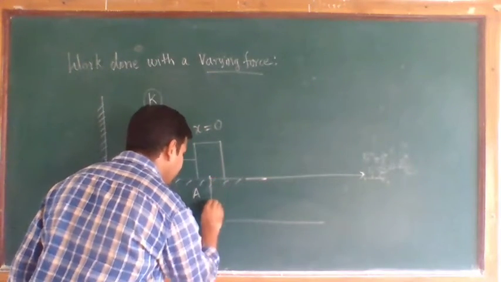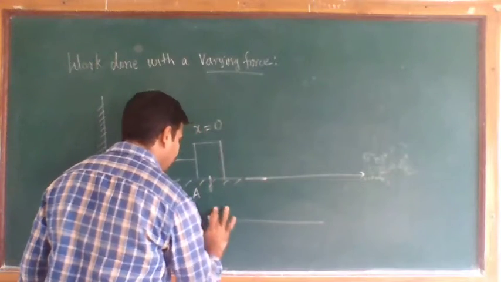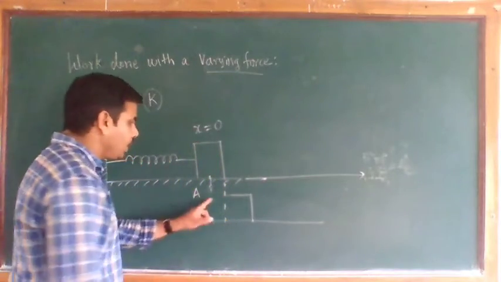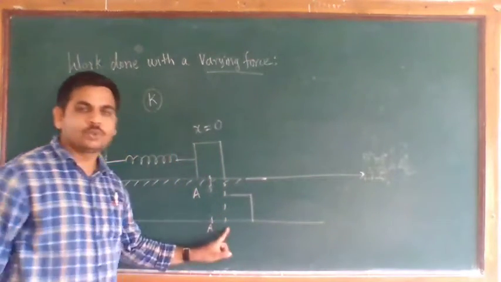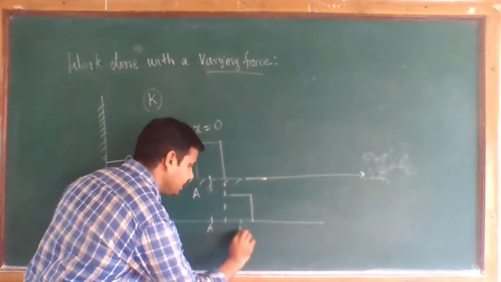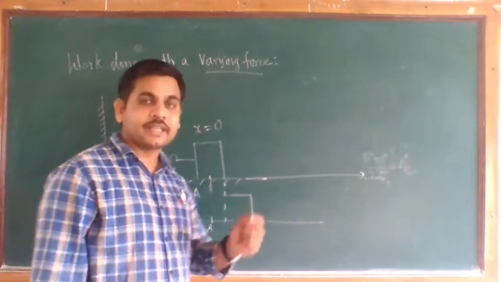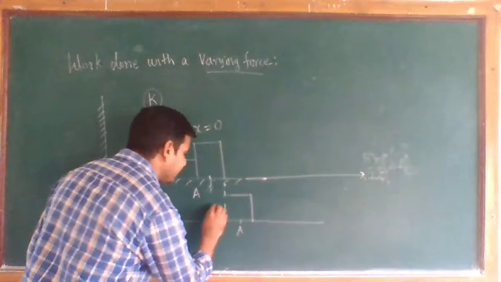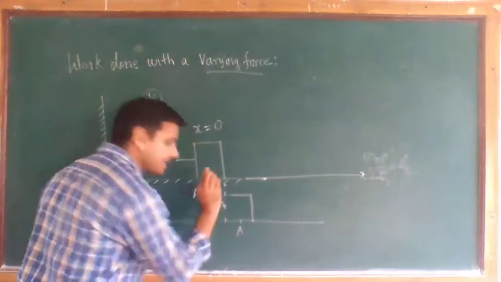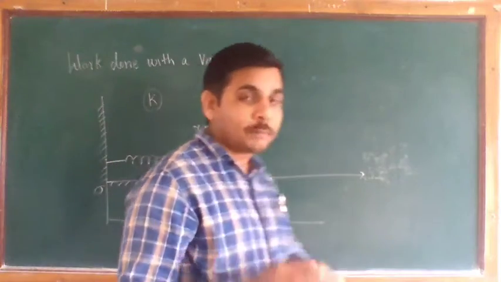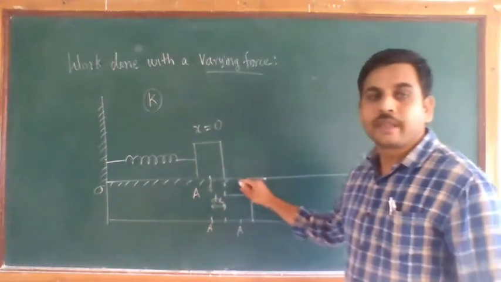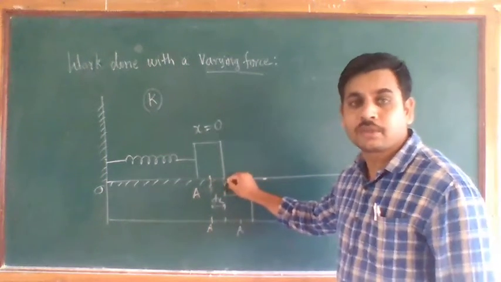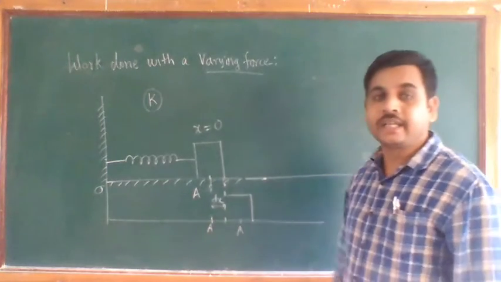This is our point A, and we change the position only a small distance, from A to A dash. In that condition, the block is displaced by a small distance dx. If you apply a small force to the block, it moves an infinitesimally small distance, dx.